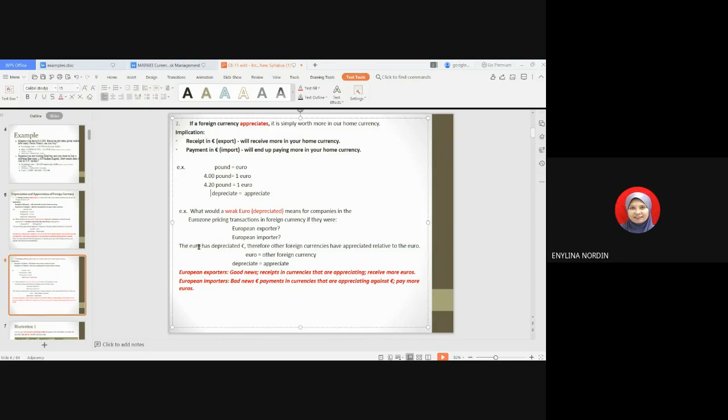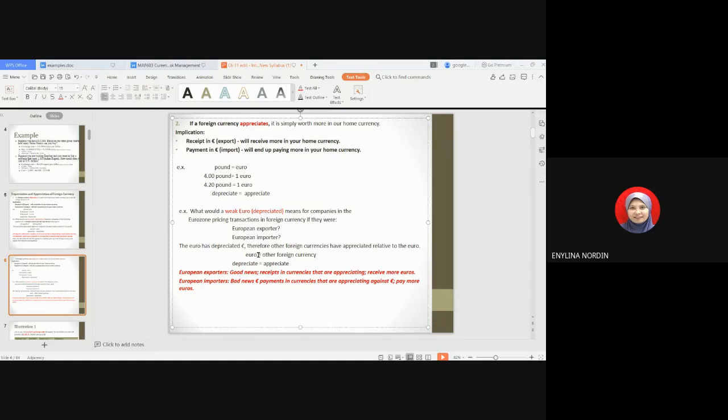So the euro currency has become depreciated. That means the euro has depreciated against, and therefore other foreign currencies have appreciated, whatever currency you want to refer to, relative to the euro.